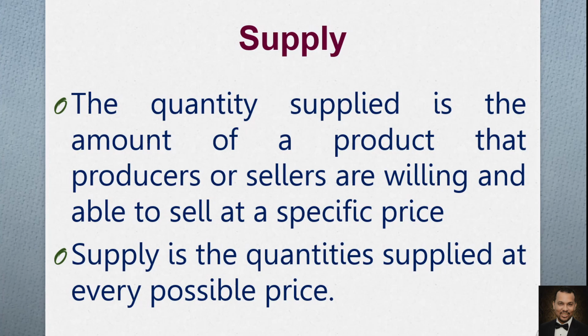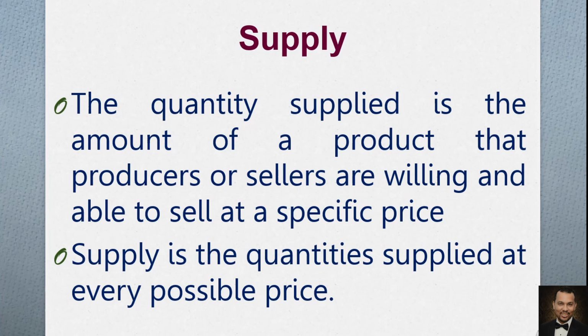So the quantity supplied is the amount of product that producers or sellers are willing and able to sell at a specific price.